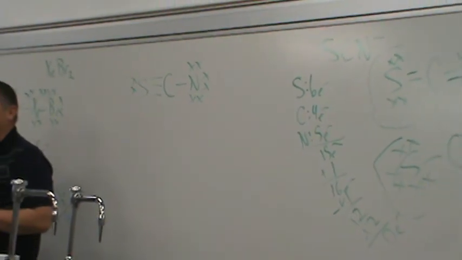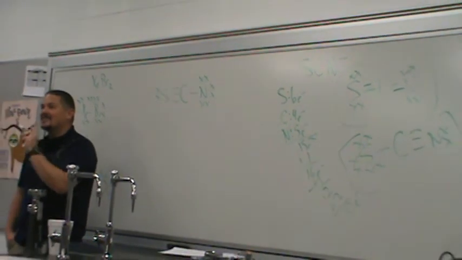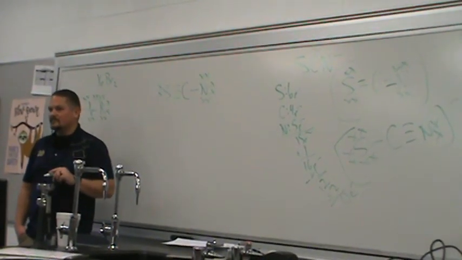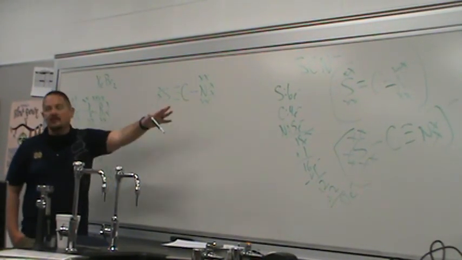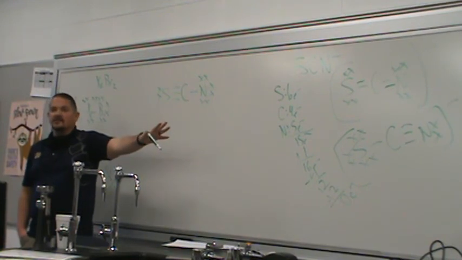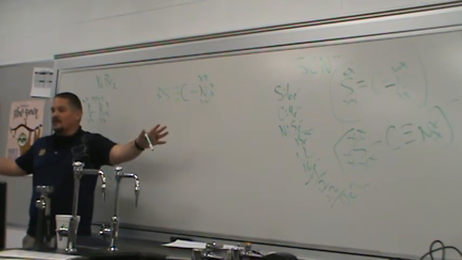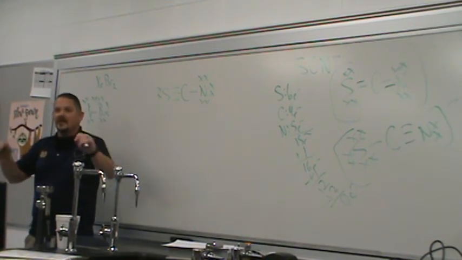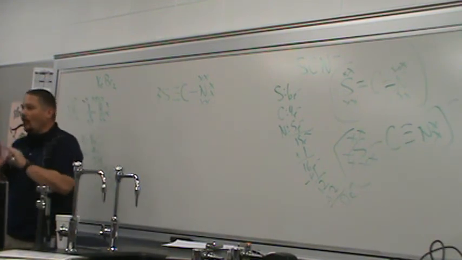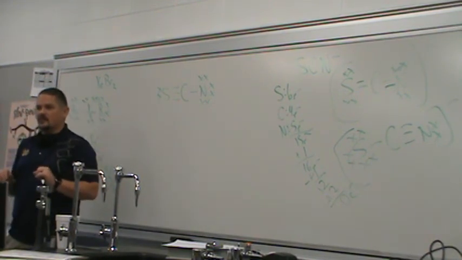Did anybody have a triple bond between sulfur and carbon and a single bond to nitrogen? Guess what? That is correct as well. All 3 of these follow the octet rule. Does everybody have 8 electrons in this situation? Yeah, so following the octet rule, all 3 of these are correct.